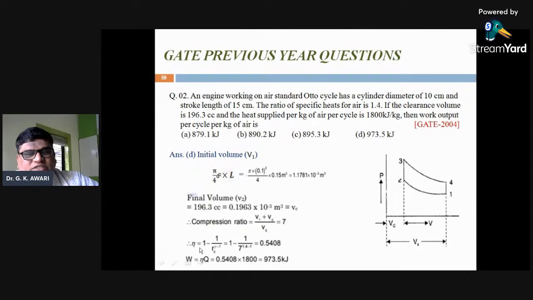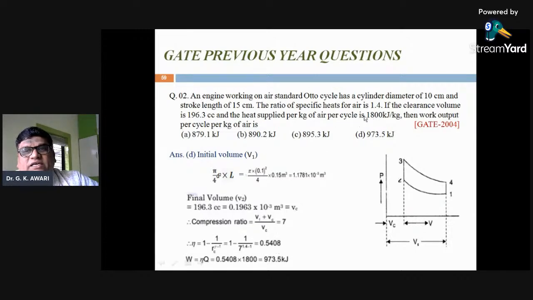That is, efficiency is given by 1 minus 1 by rc to the power of gamma minus 1, which is equal to 1 minus 1 by 7 to the power of 1.4 minus 1, and the efficiency of the Otto cycle comes out to be 0.54. Now work done we have to calculate. Work output is equal to efficiency into heat input. So what is the efficiency?